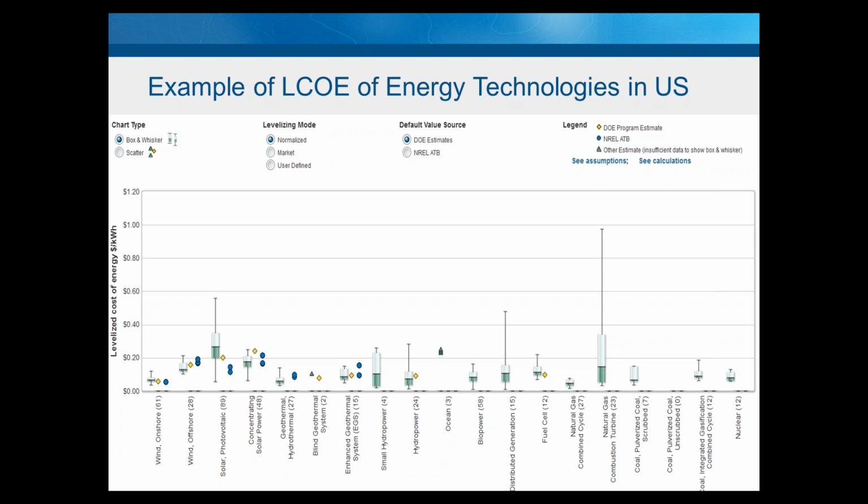You can see on the y-axis the unit, which is dollars per kilowatt hour, and on the x-axis the technologies, and those numbers show the number of data points calculated for these estimates.